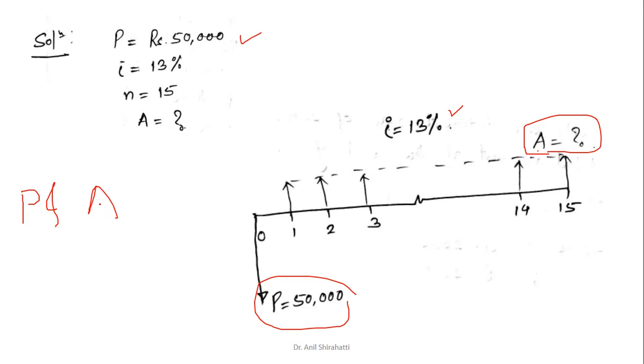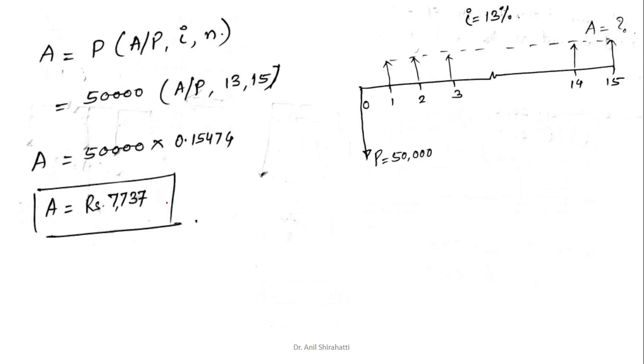But in this case P is known and we want to find the value of A. Now in this equation I use a simple formula, that is A equal to P into (A/P, I, N). So instead of using all this complicated formula, I am using this simple representation. P is known to me, A is unknown.